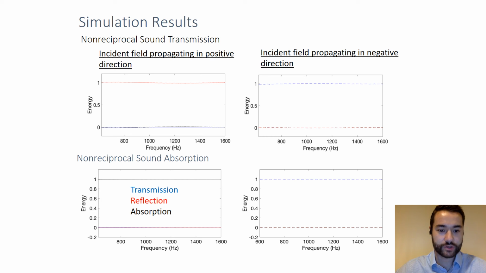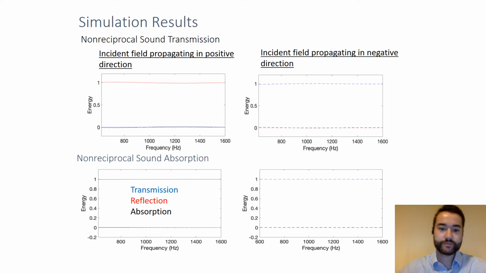Here again, for the two plots on the bottom, this shows the non-reciprocal sound absorption. So when subject to a positive travelling incident wave, the monopole control sources minimize transmitted and reflected waves, which leads to perfect absorption. However, when this same active control strategy is subject to a negative travelling wave, this achieves perfect transmission with zero reflection and zero absorption.